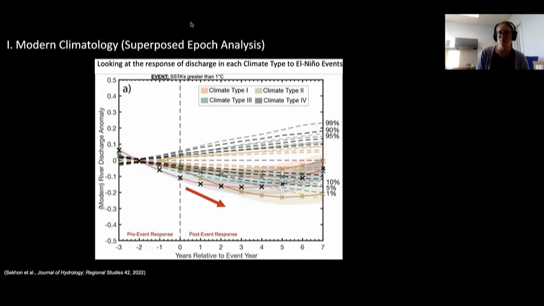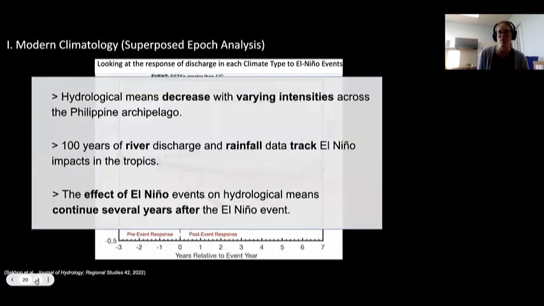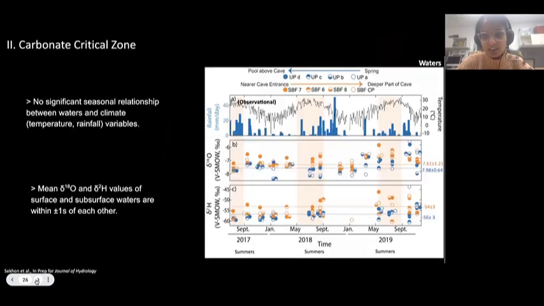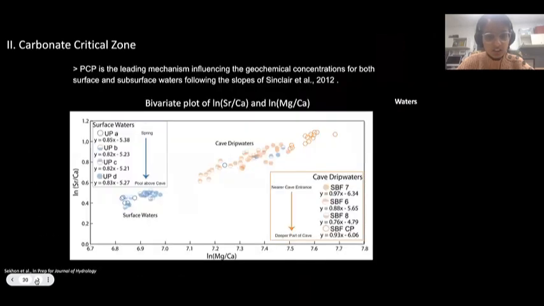I actually also have a question. You mentioned PCP. Do you have an estimate whether PCP mainly happens in the epikarst, or whether it can also happen on the cave ceiling? I think it's most likely happening on the cave ceiling rather than the epikarst.